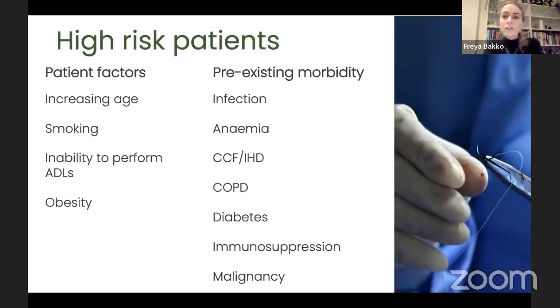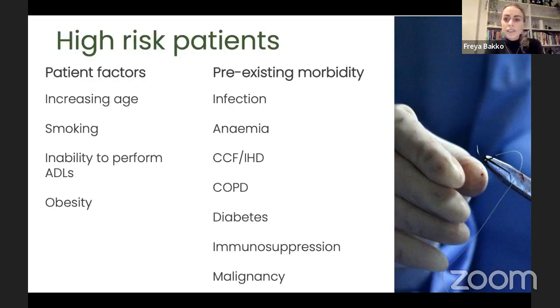So what constitutes a high-risk patient? So we have patient factors and then we have pre-existing morbidity. Patient factors include factors such as increasing age. So any patient who is at an increased age will have many comorbidities. They will be frailer. They will have less respiratory reserve, and therefore run a higher risk of post-operative complications.